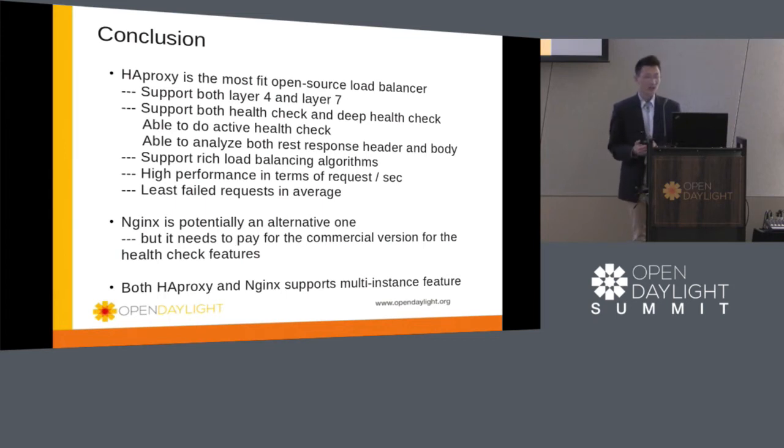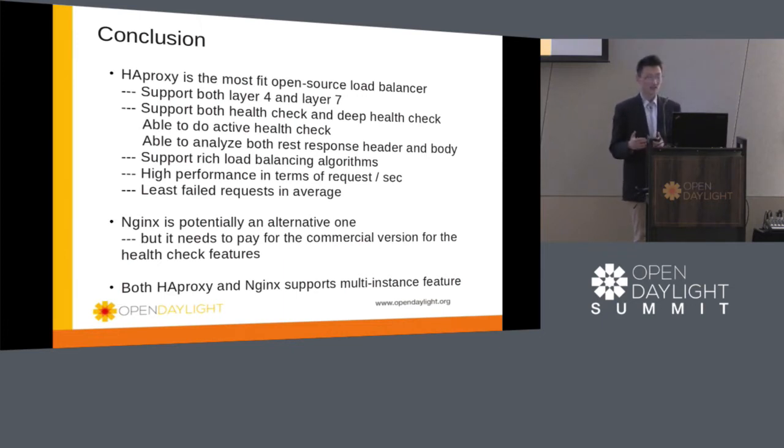Then we have some conclusions. HAProxy will probably be the best-fit open source load balancer for our framework. The reason is, first, it supports both layer 4 and layer 7. Second, it supports both health check and deep health check. You can actively send the health check, and it can analyze both the response header and the body. And it has rich load balancing algorithms.